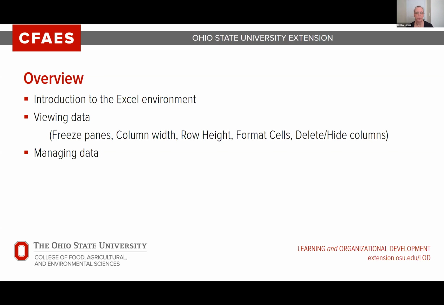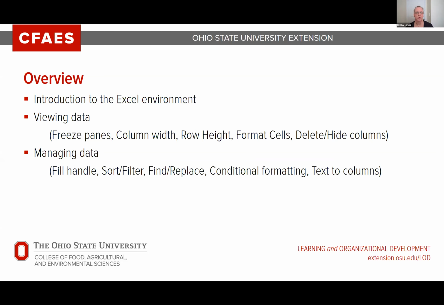Then other ways to manage our data, including using the fill handle to copy things, sort and filter, find and replace. I'm going to show you how to do some conditional formatting, and also do things like text to columns if you get a bunch of information in one cell. And then I'm also going to introduce you to at least one formula or function. It's called Concatenate, where we can bring some stuff together in different cells.